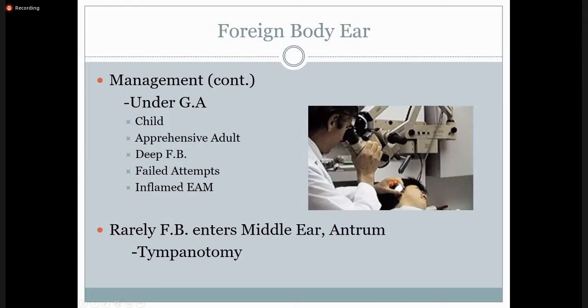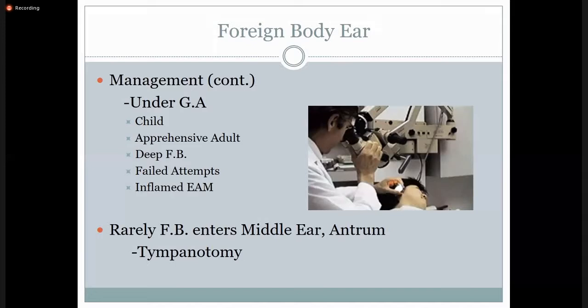Another condition is that the external auditory canal or meatus gets inflamed, swollen, and the canal becomes narrow. In those conditions, the patient is again kept under GA and the foreign body is removed. Rarely, foreign bodies enter the middle ear because of several failed attempts.